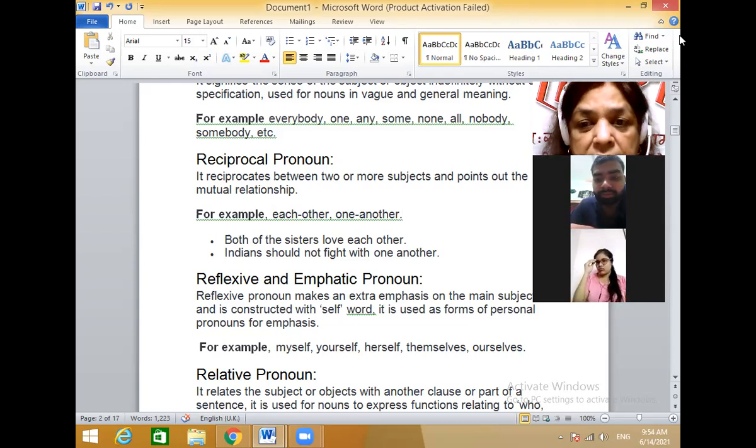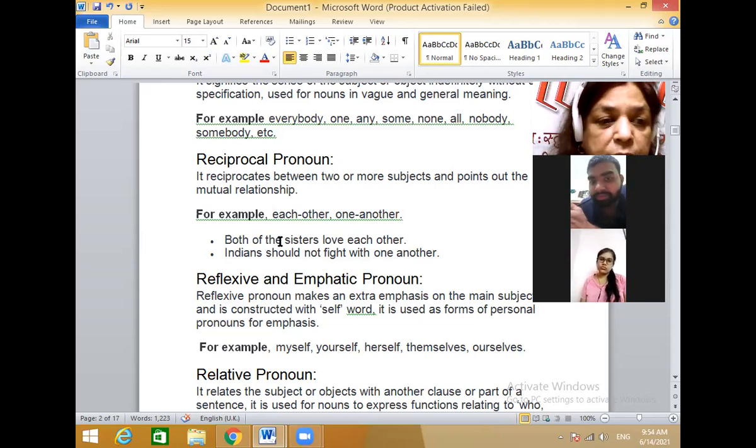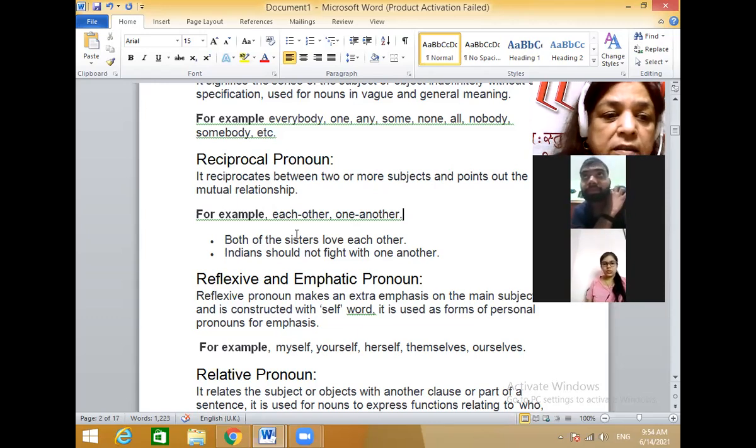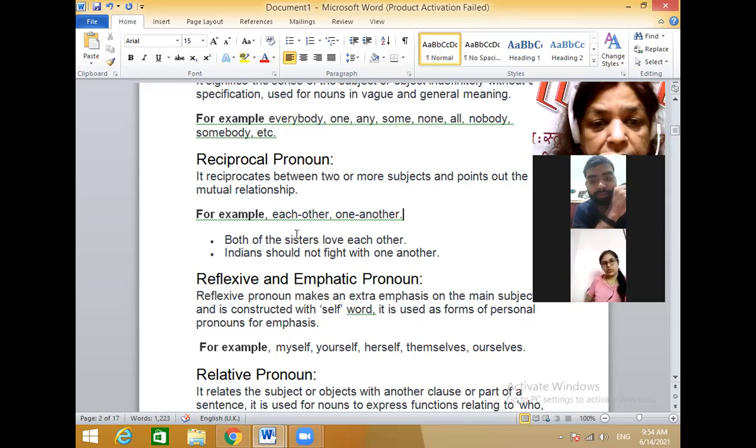Do you understand? Now, Ashutosh and everybody else, make sentences with both and let us close the session with reciprocal pronoun. Since you had forgotten, now you write down sentences. Both of the sisters love each other. Indians should not fight with one another. Sample sentences are already there because I knew you would be confused and forget.